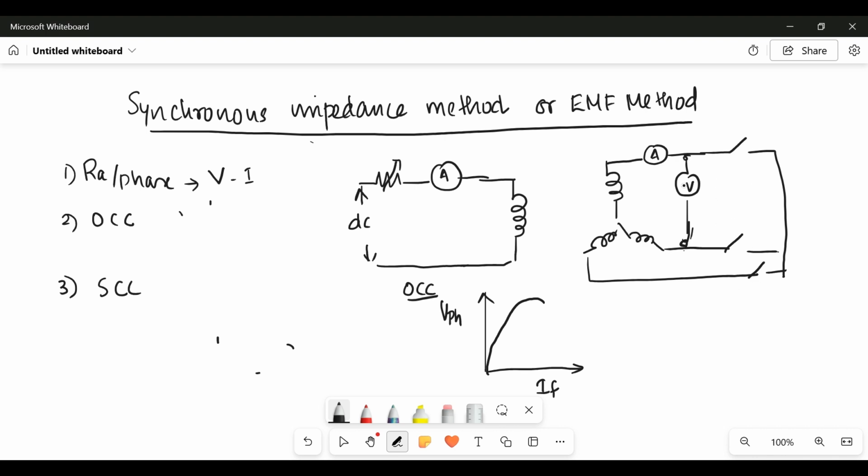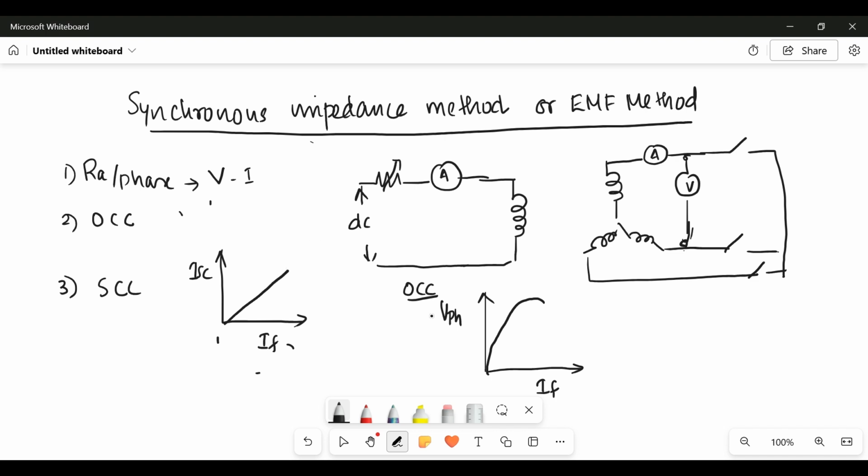So this voltmeter reads 0, and by adjusting this field rheostat, we should circulate rated short circuit current of the armature, and we should note the field current corresponding to that rated short circuit current. Using that, we can draw the short circuit characteristics, IF versus ISC. This straight line is the short circuit characteristics.